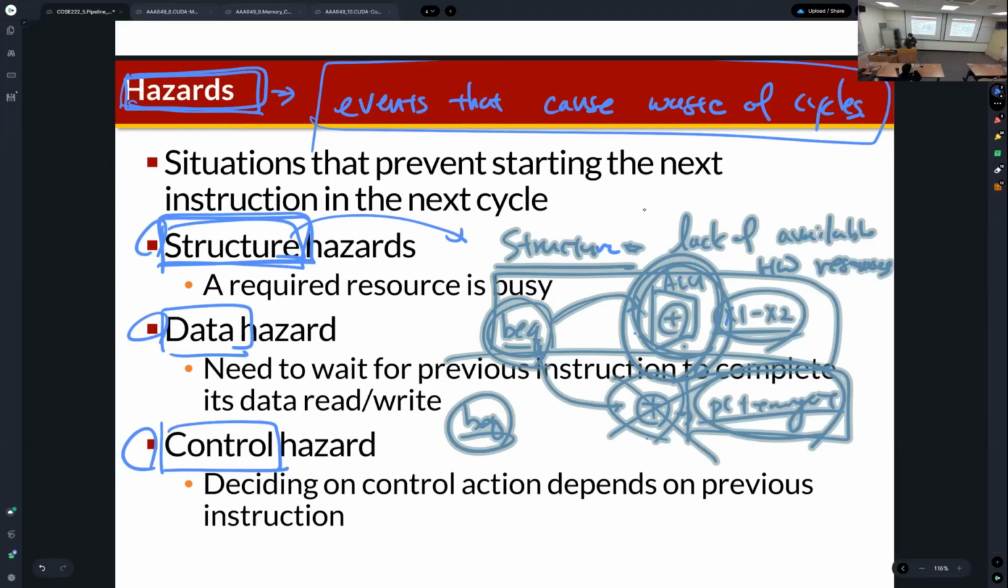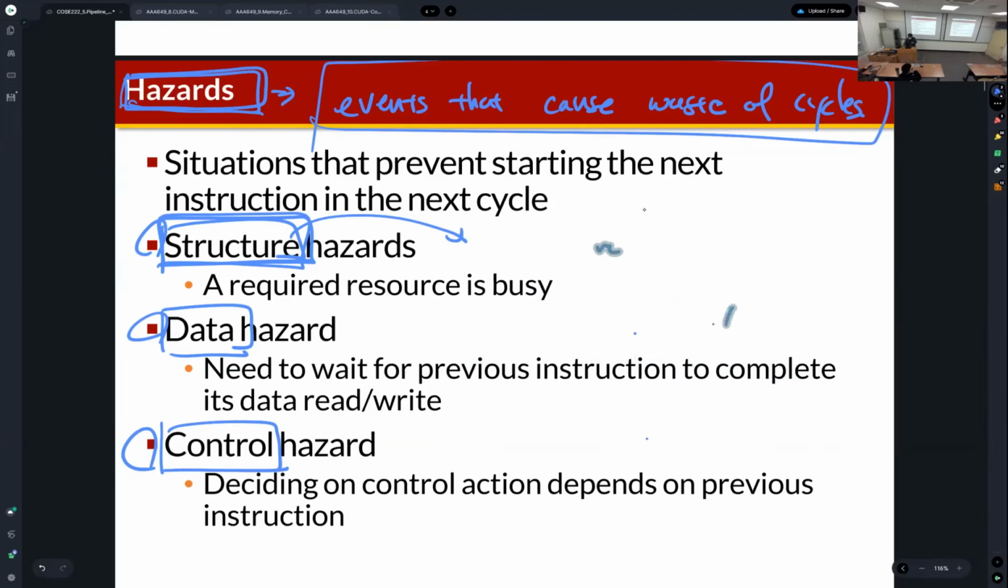And what is the data hazard? If we see data hazard, the first word represents the cause of the hazard. Data hazard is caused by data dependencies. What does that mean?